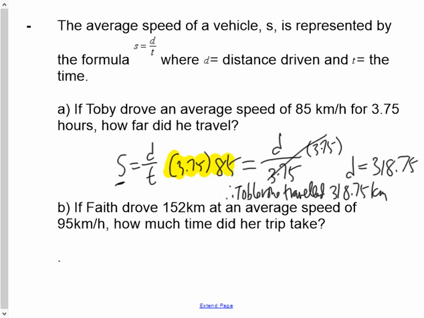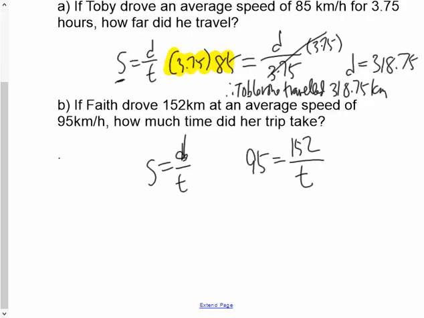The second part says if Faith drove 152 kilometers at an average speed of 95 kilometers an hour, how much time did her trip take? So this time we're going to substitute speed is 95, distance is 152, and time is what we don't know. So here we actually have a two-step equation. First thing I'm going to do is multiply both sides by t, leaving me with 152 on this side.